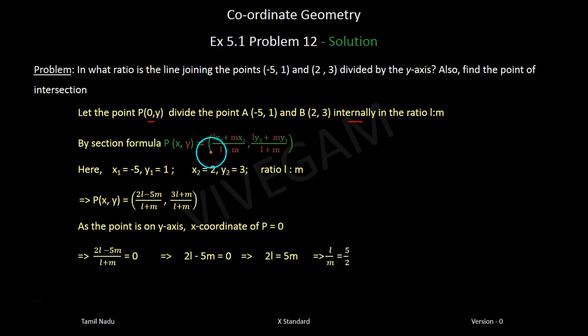So the section formula is given. You know, this is x1, y1, this is x2, y2. Substitute that and take the ratio as L is to M and calculate the coordinates of P. How will you calculate?